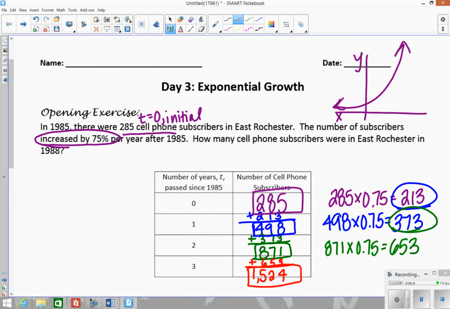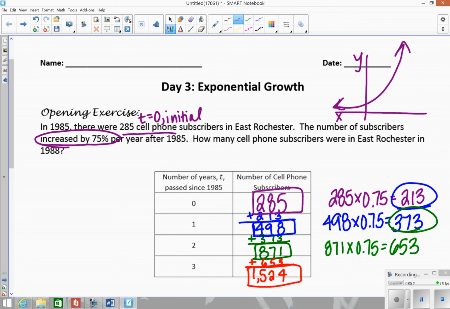So instead of finding 15% and subtracting that off, it's like what I would have done here. I found the percent and then I added it. We just said, okay, instead of depreciating 15%, that means we have 85% of the original amount, and that is going to equal the new amount.